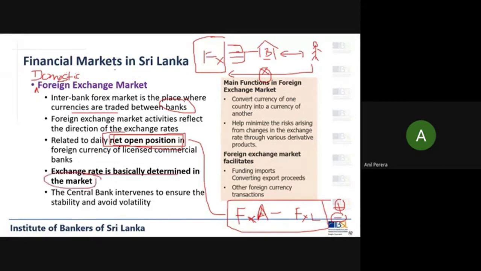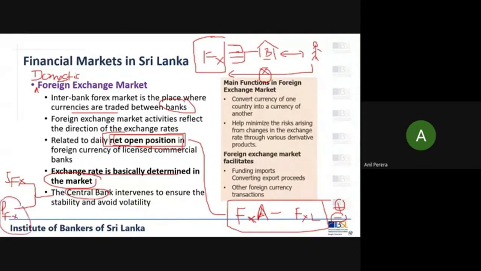In this foreign exchange market, as I said, mostly banks are operating, but the central bank might intervene in this market to avoid variations or large volatility in the exchange rate. How does the central bank intervene? Either supply FX or purchase FX.